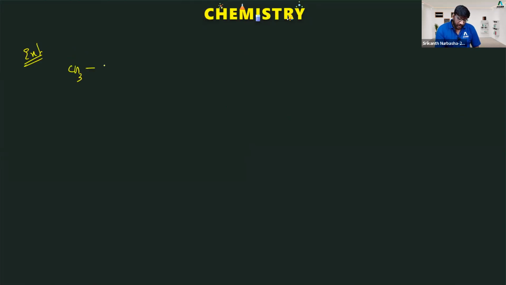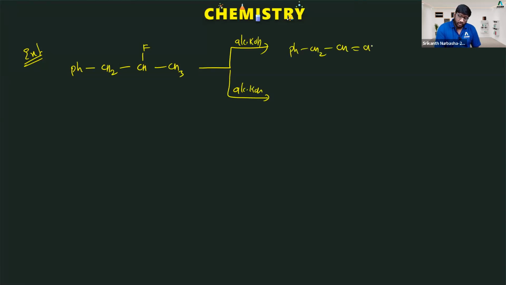Ph-CH2-CHF-CH3, with alcoholic KOH, forms Ph-CH2-CH=CH2, Hoffman's, and you can write Saitzef's.